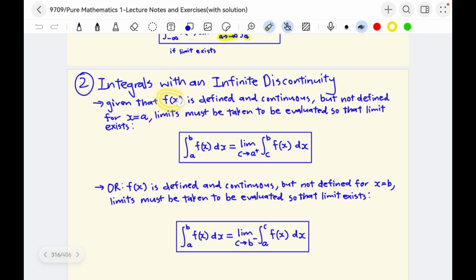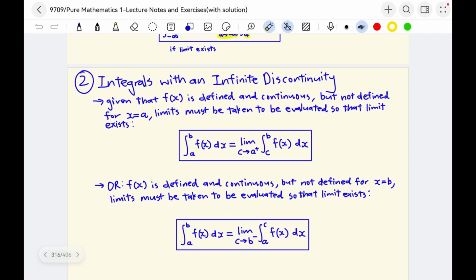Like f(x) is generally defined and continuous, but not defined at the point in the interval required after you have integrated f(x). So instead, you have to take the limit. The limit replaces the endpoint with another variable to make it valid. After you integrate it, substitute the limits of the integral, then you take the limit as c goes to a, no matter positive or negative. Okay?